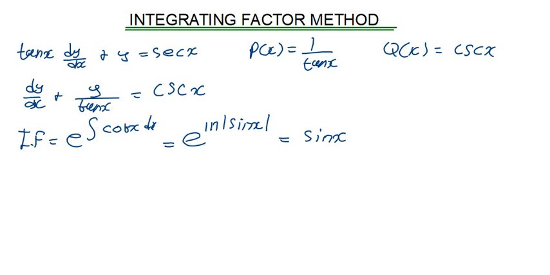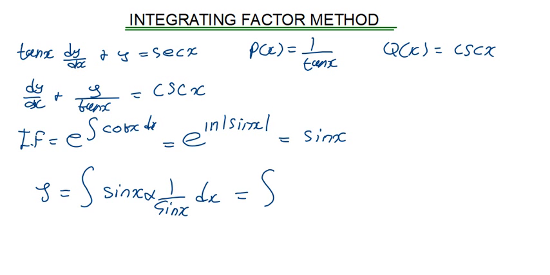Now you can say y will be equal to the integral of the integrating factor sine x multiplied by q of x, which is simply cosec x, which is just 1 over sine x, dx. What are you going to get? You have your 1 dx, and what you get is simply x there. Then once again, you just multiply your y by the integrating factor.